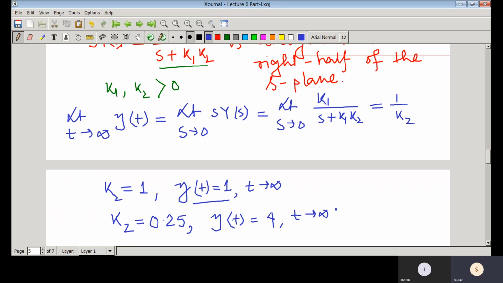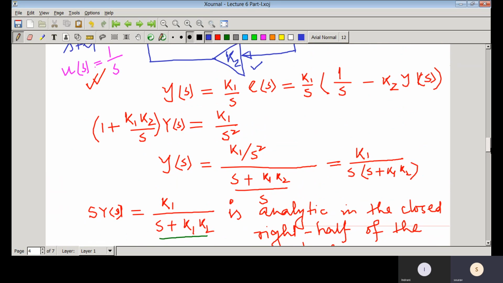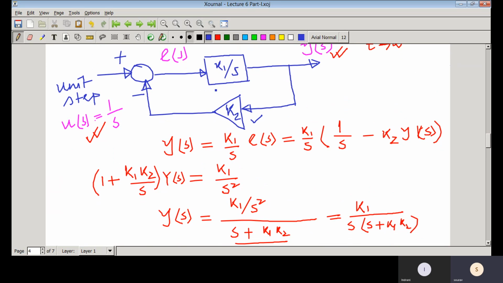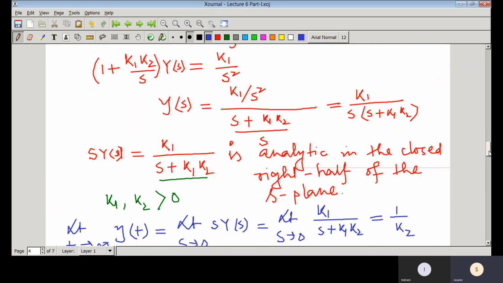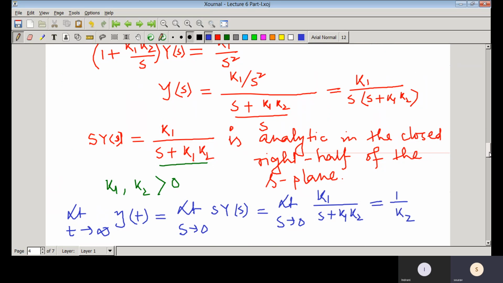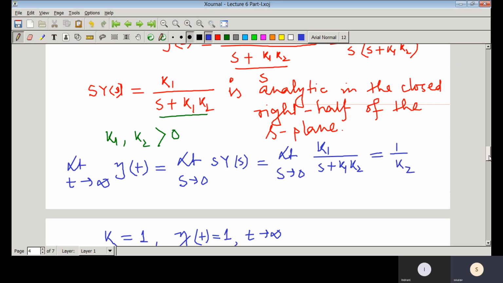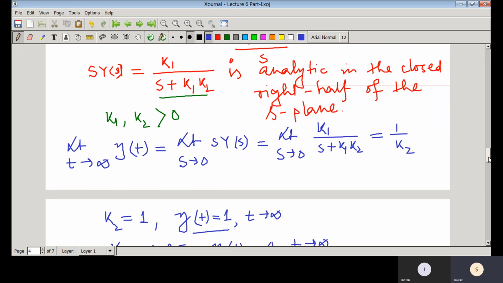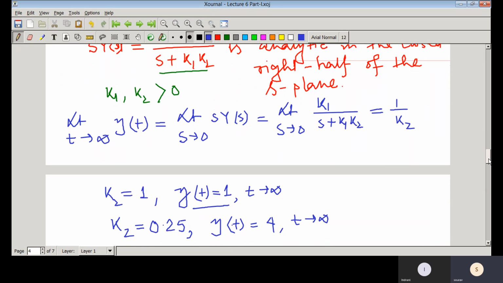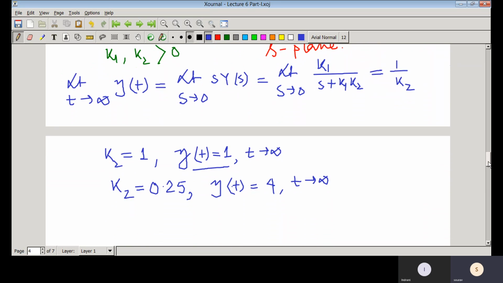So from this example you have learned two things. One is the effect of K1 and K2, that means the effect of feedback in a closed loop control system. The second is how to find the steady state value of the control variable when t tends to infinity, just by applying the final value theorem.